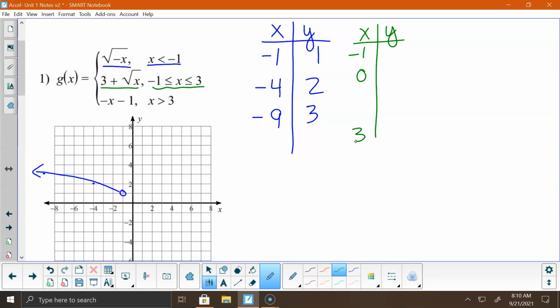Now, we could do 1. 2 is going to be a little hard just because we have to do the square root of 2, which is like 1.4-ish. That's also going to suck.